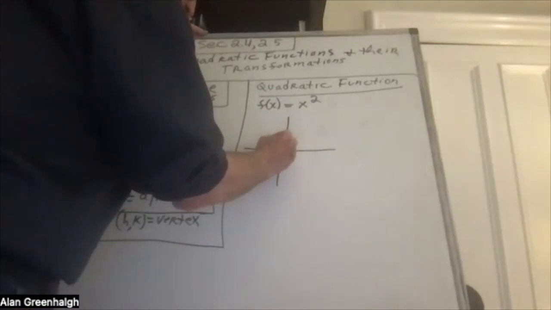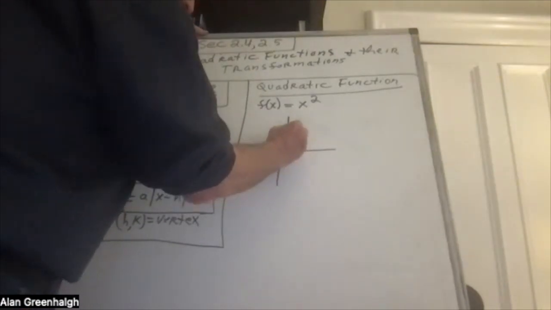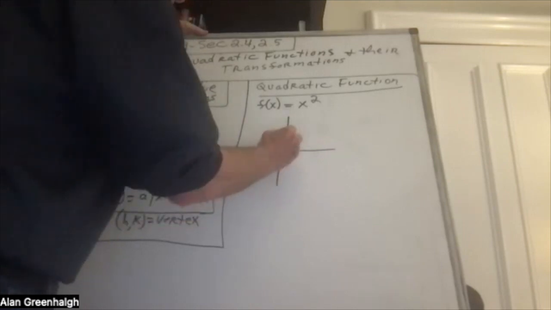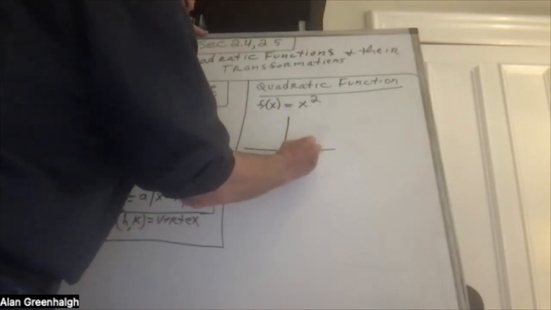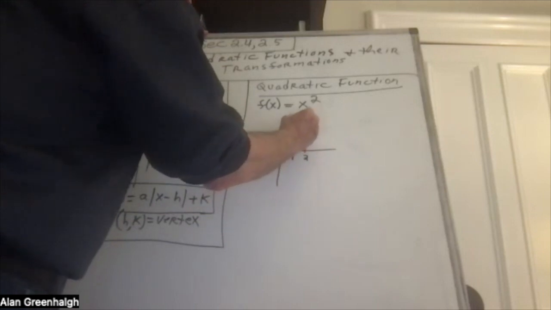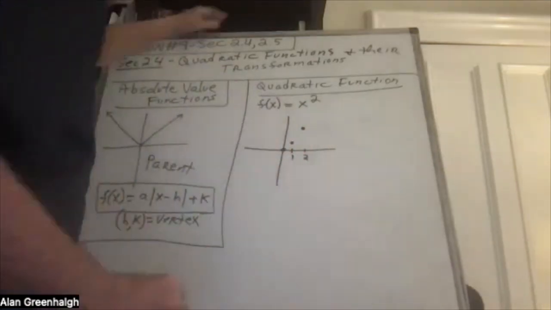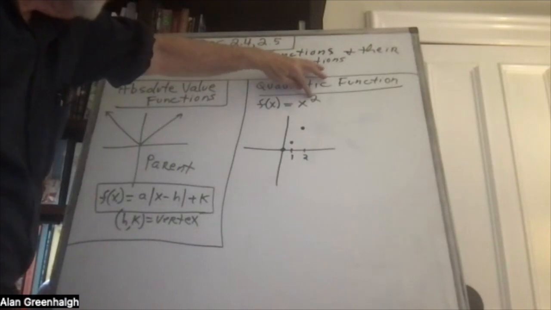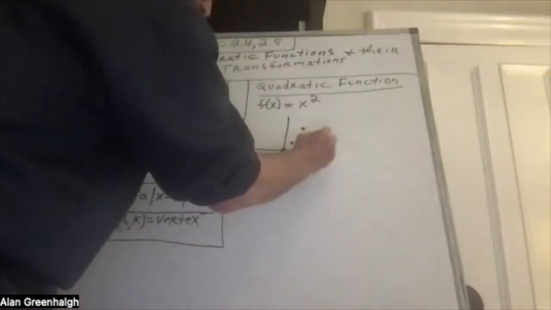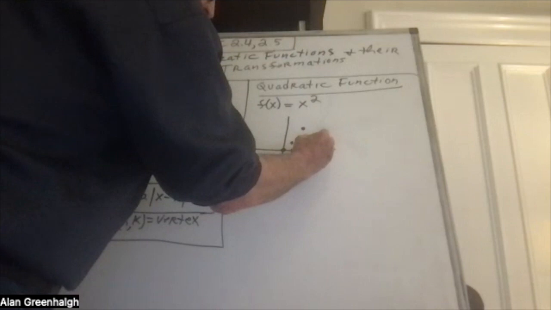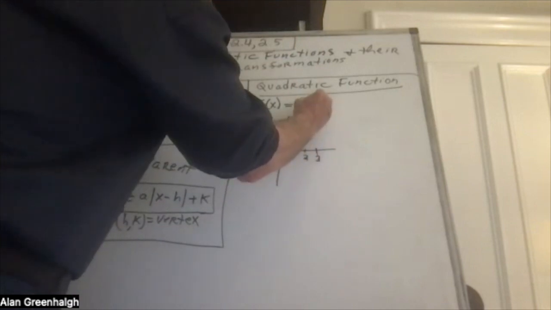So when x is equal to 1, y is equal to 1. When x is equal to 2, y is equal to 4, right? Because it's being squared. When x is equal to 3, y is equal to 9.